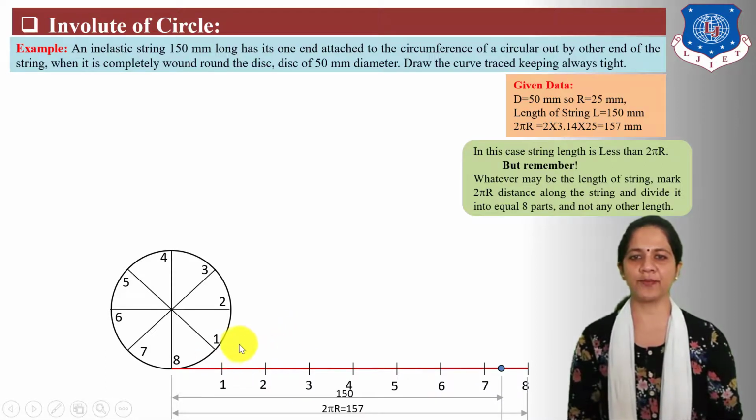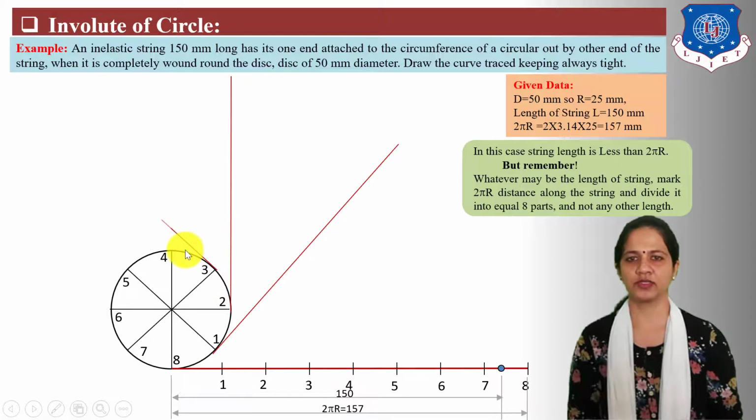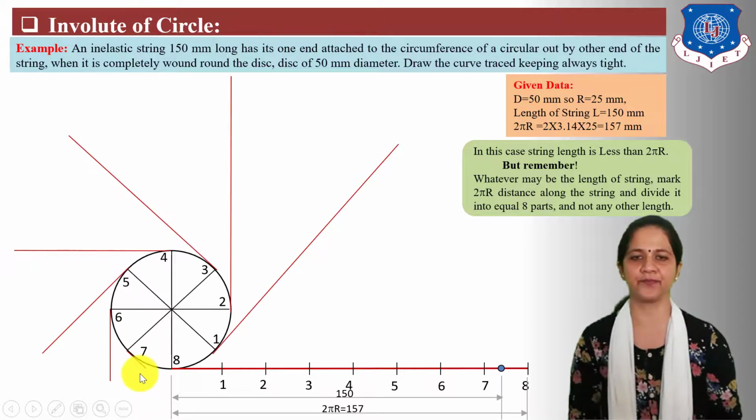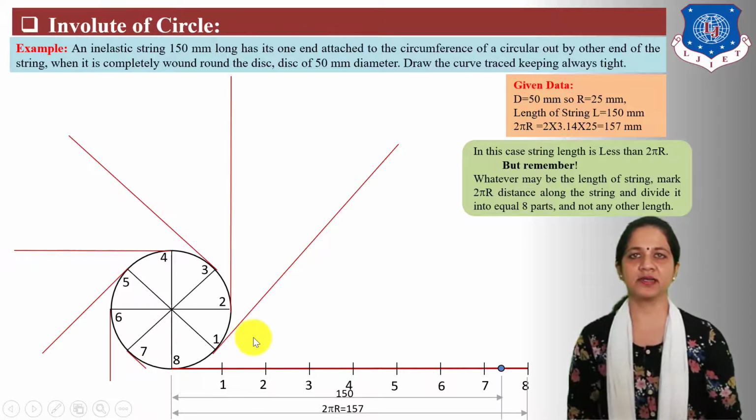Next, draw the perpendicular string from the 1, 2, 3, 4, 5, 6, 7 positions of the circle. Next, mark locus points. For the initial position, mark locus point P0 at the end point of the 150 mm length string.